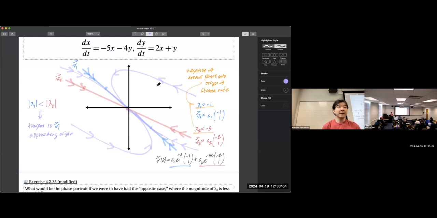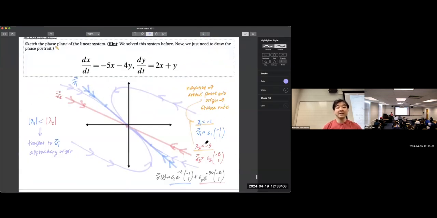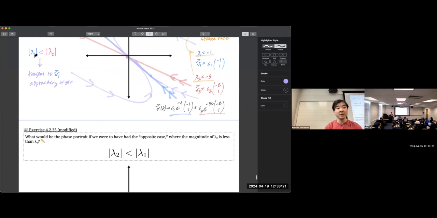Okay. Now, suppose everything stays the same. You have the same eigenvalues and eigenvectors, but let's say that the bending has to change because suppose your lambda 1 and lambda 2 magnitudes are flipped. So instead of lambda 1 being less than lambda 2, lambda 2 is less than lambda 1.